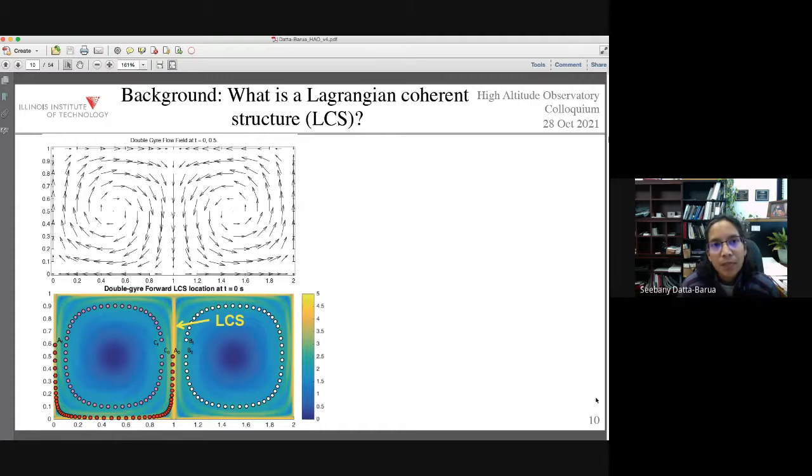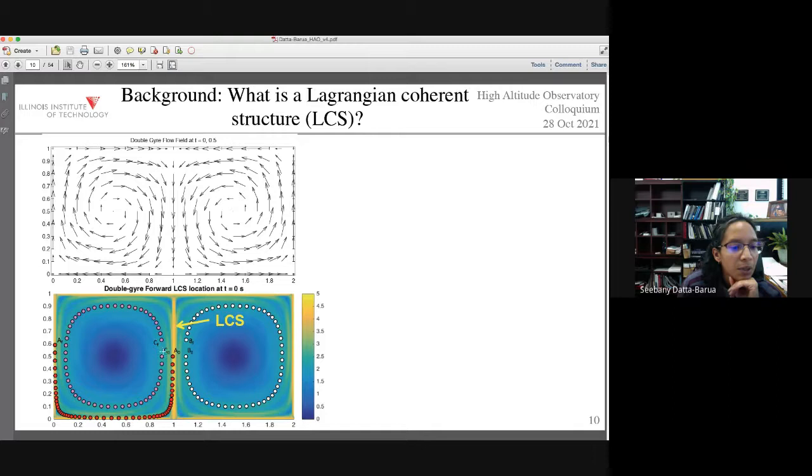It defines the perimeter of where one vortex ends and the other begins. It's the separation barrier. In the bottom plot, I'm showing the LCS with this blue to yellow color scale, and the LCS is that vertical line down the middle.